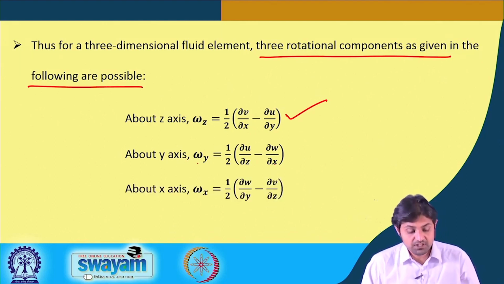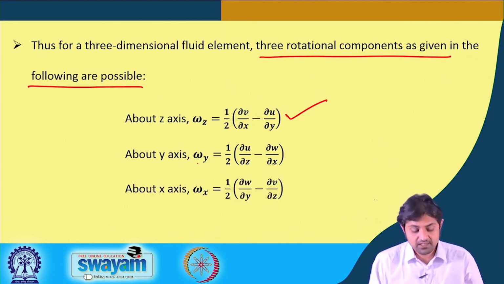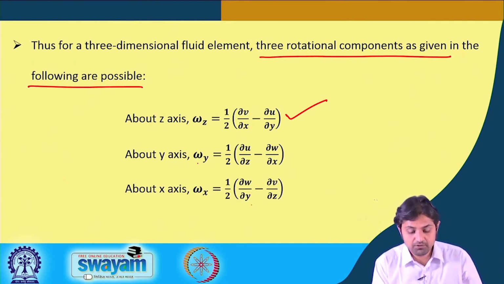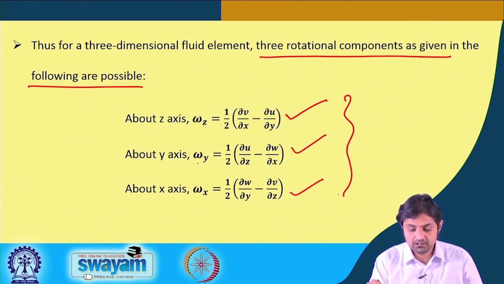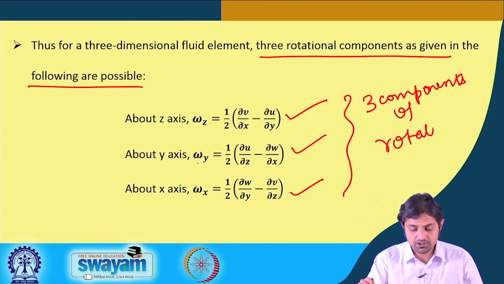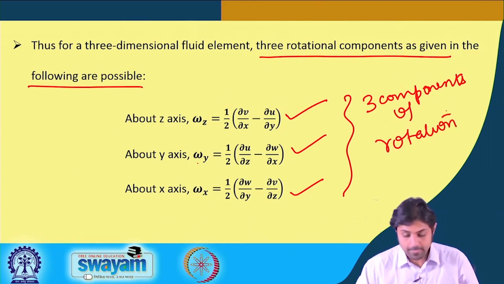And repeating the same exercise, the rotation about the x axis is half of del w by del y minus del v by del z. So, these are the three components of rotation.